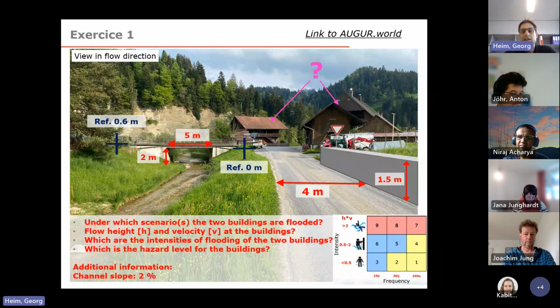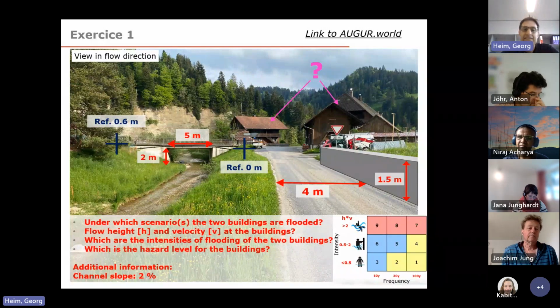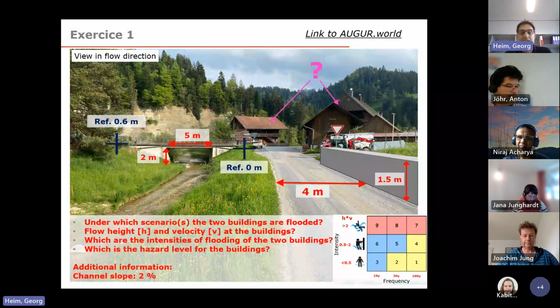So always compare your results with silent witnesses. For floods it's a little bit difficult because normally you won't see that, but for landslides, rockfall, and debris flows, you will find almost always signs, sometimes for floods as well.